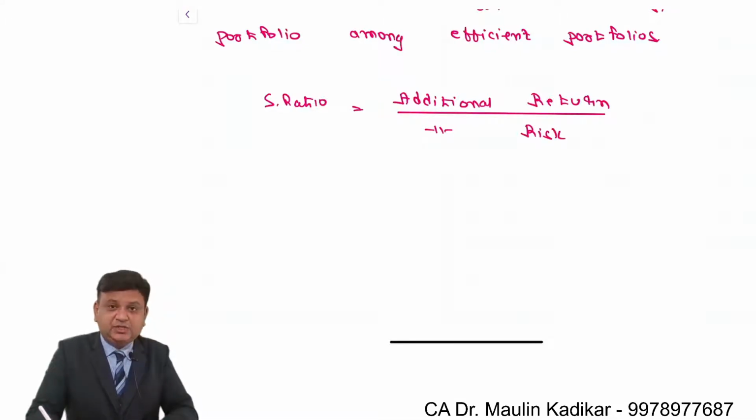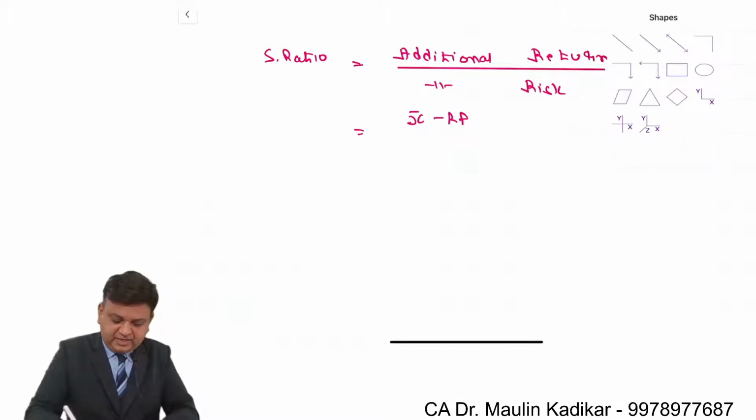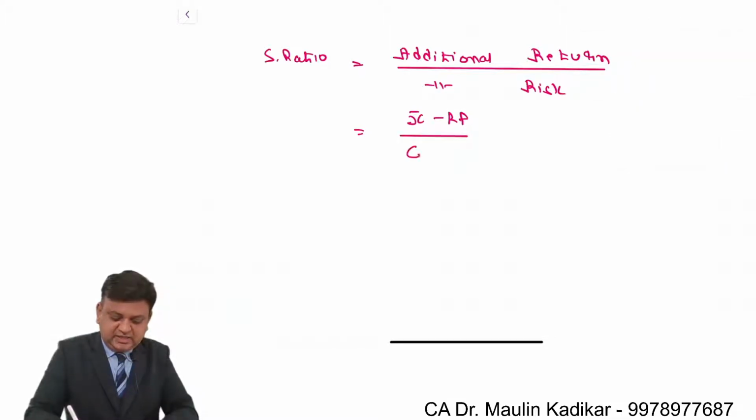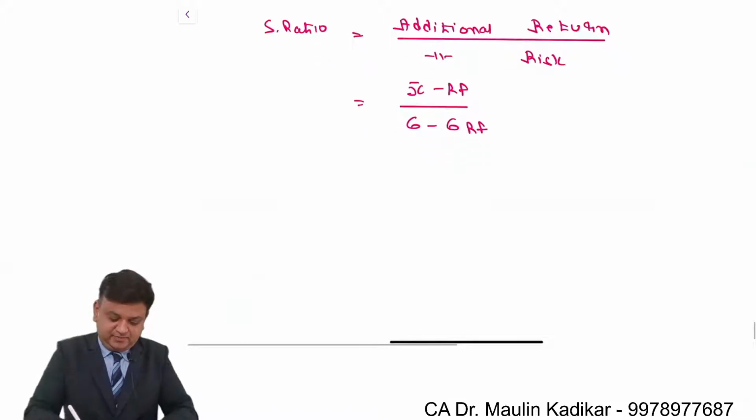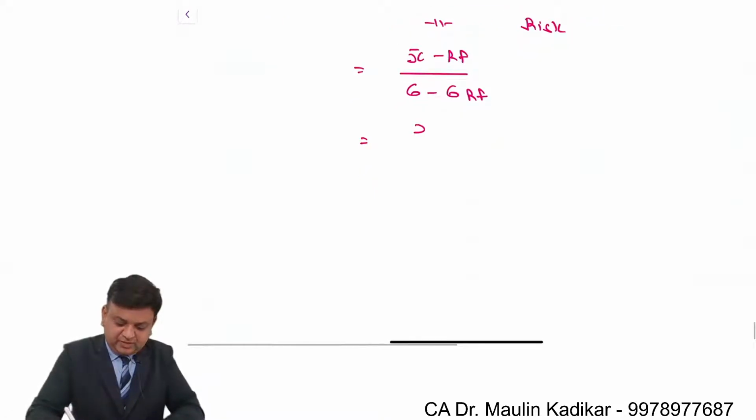The additional return is calculated as X bar minus RF, divided by standard deviation of the security minus standard deviation of the risk-free security. We know that the standard deviation of the risk-free security is 0. So the formula is X bar minus RF divided by standard deviation. This is the way Sharpe ratio is calculated.